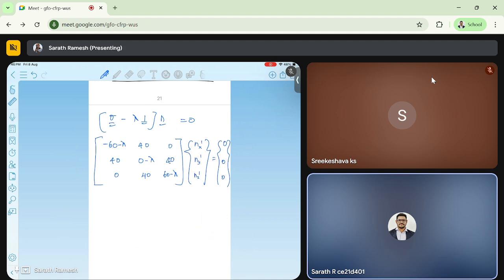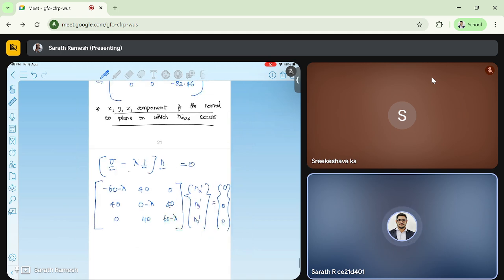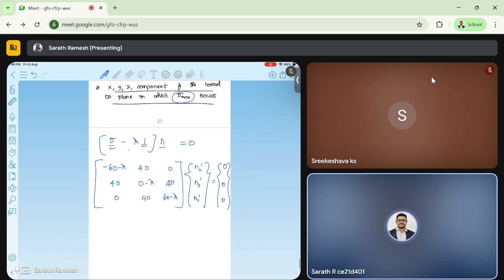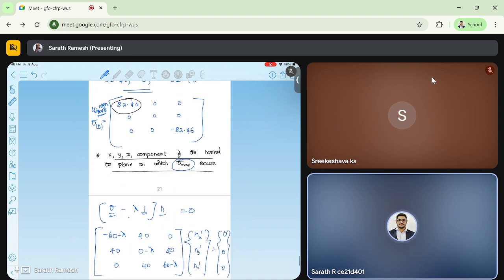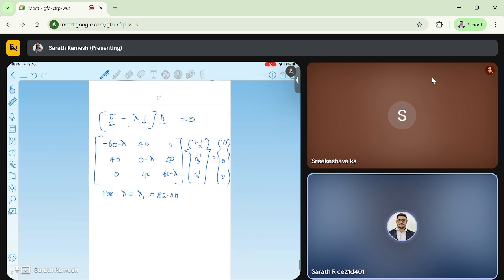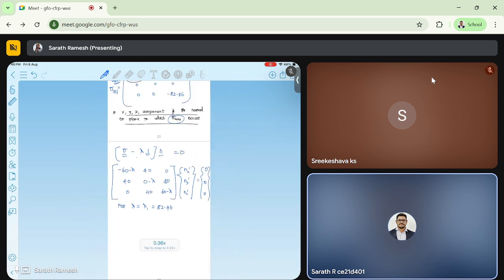Okay. Fine, I'm just substituting into this equation, sigma minus lambda. Now we have to find the plane at which maximum normal stress occurs. So maximum normal stress occurs at lambda equal to lambda 1, the maximum value, which is 82.46. What will this equation become?